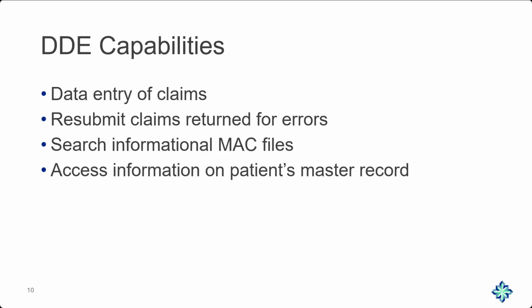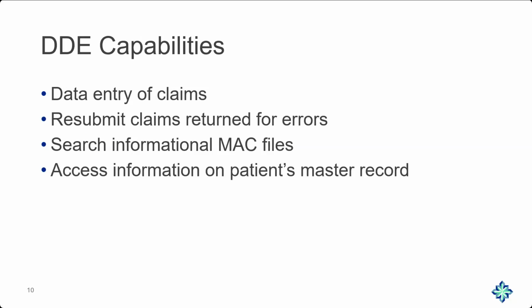With DDE, you're able to monitor the claims that you've submitted, whether you do that individually, you're keying them into the system, or that you've transmitted in batches. This is what we call your window into your claims. So once they get into FIS, you can manage your errors, you can access certain informational files that will help you in claims processing.